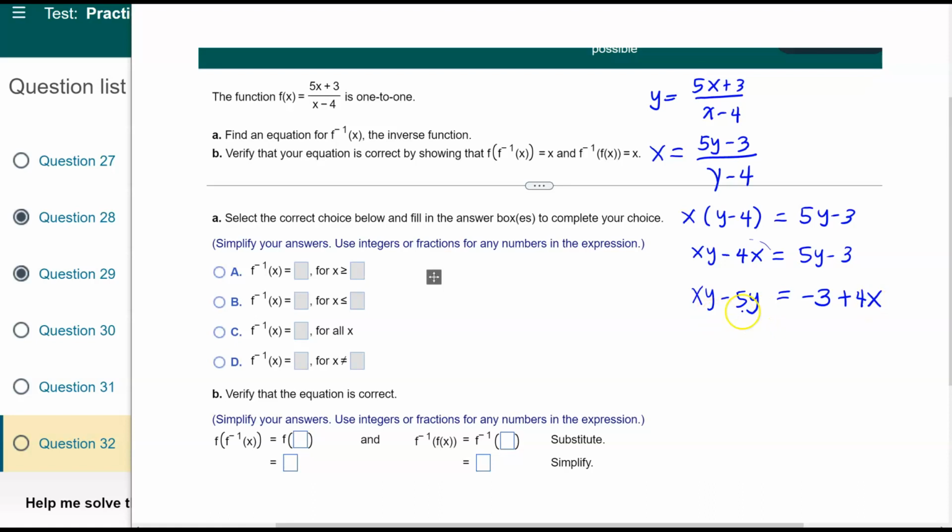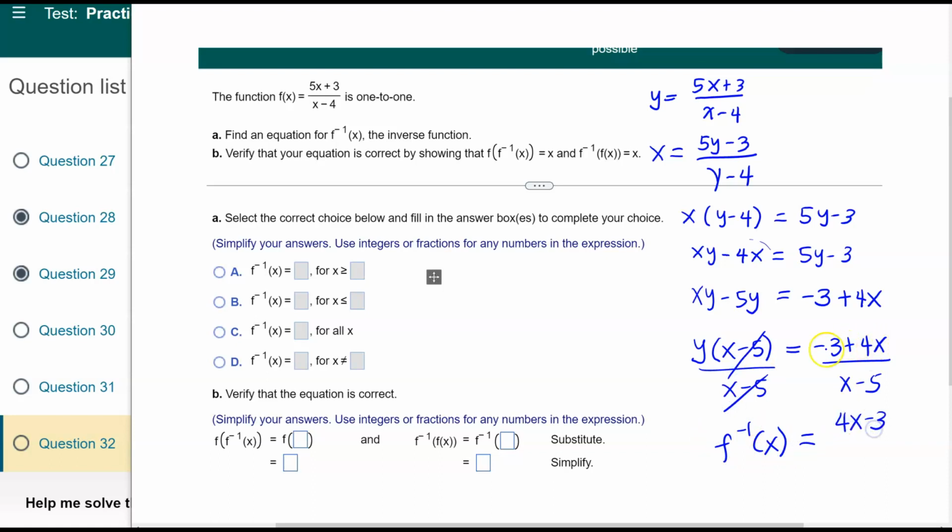Now, we can factor out y. So y times x minus 5 is equal to 3 plus 4x. Then you divide both sides by x minus 5. That is the inverse. So f inverse of x is equal to 4x plus 3 over x minus 5.